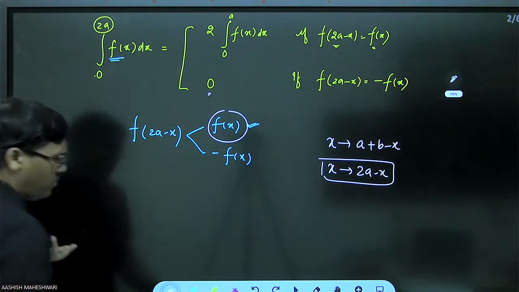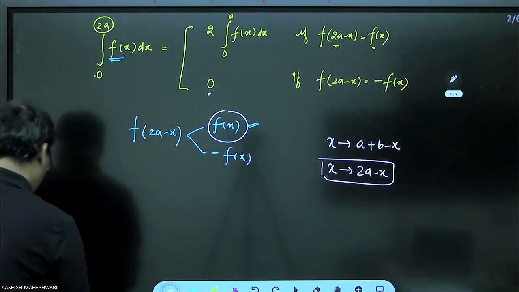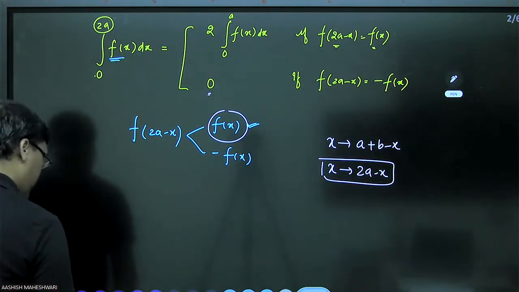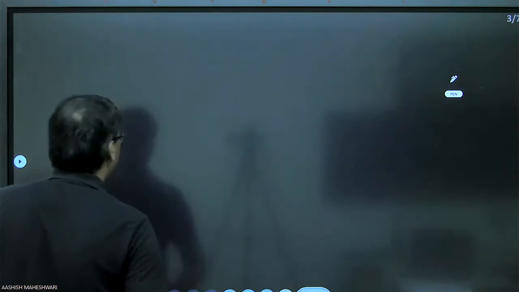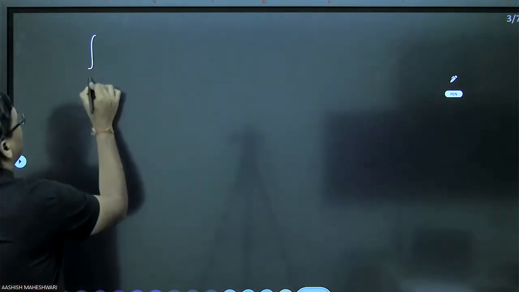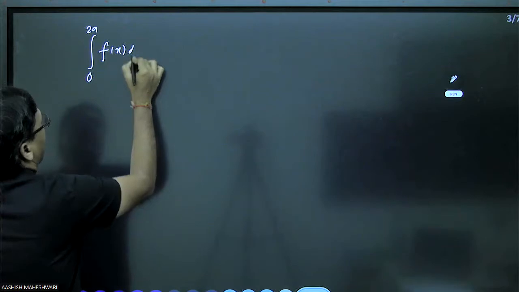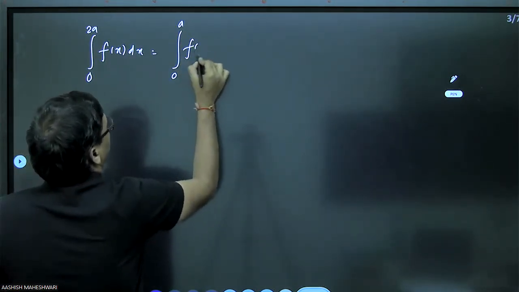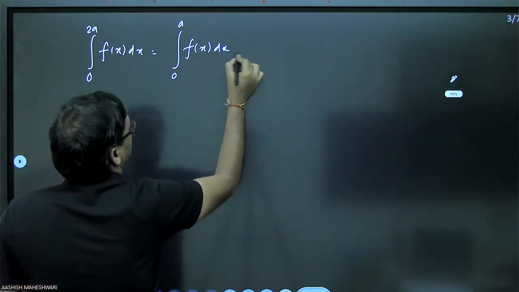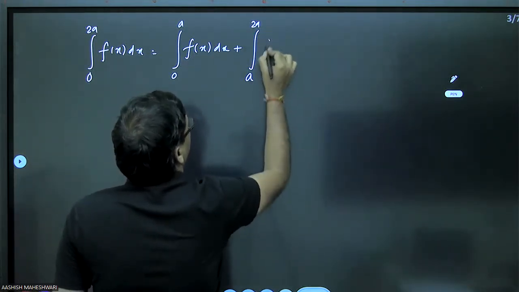Now why is this so, we can understand this. Let me explain. We have the integral from 0 to 2a of f(x) dx. I quickly prove this. This is the integral from 0 to a of f(x) dx plus the integral from a to 2a of f(x) dx.